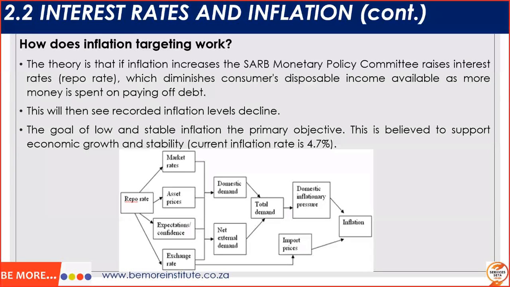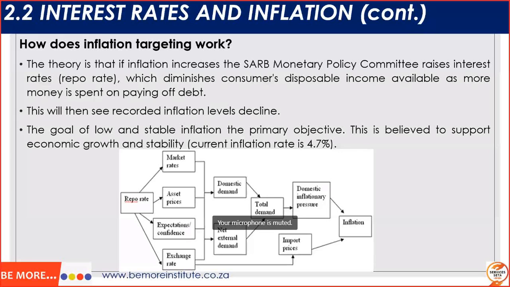If there is no debt, for example, it means that people are funding their spending from their own savings and their own disposable income. But remember, there is also the concept of expectation and confidence. When you increase interest rates, people feel that the economy is unstable.